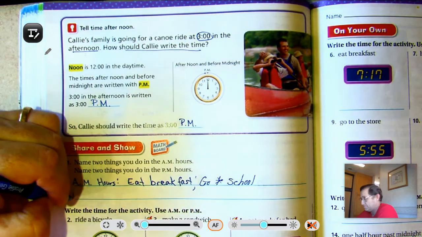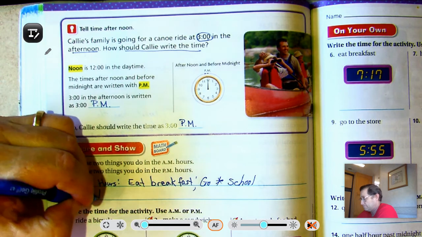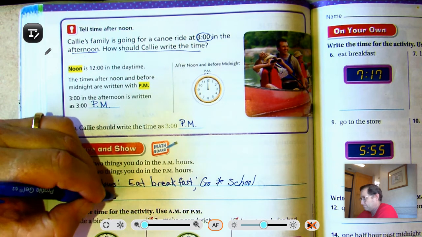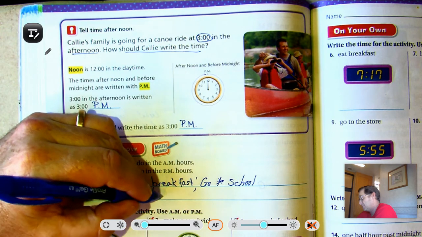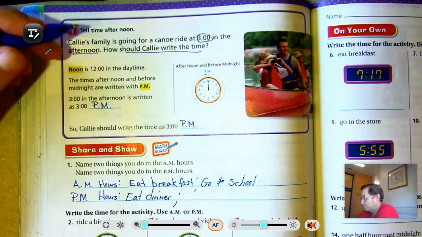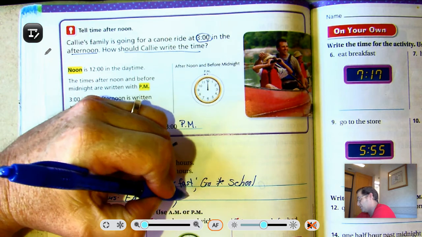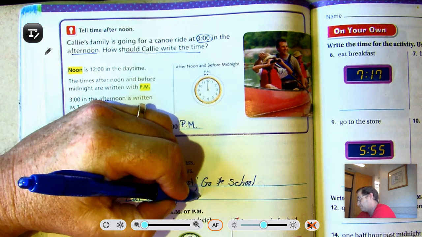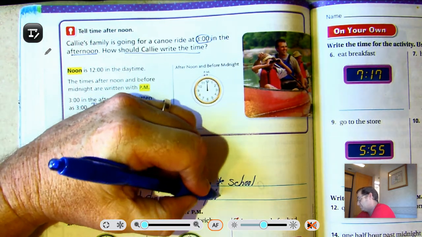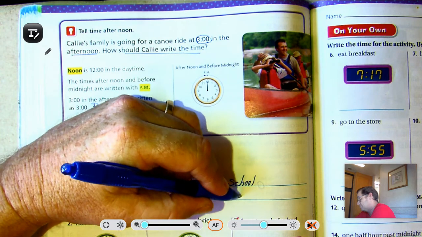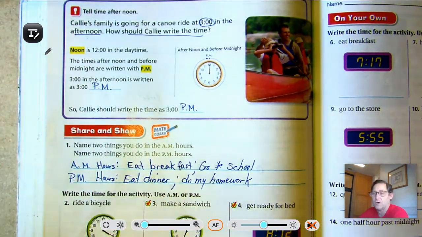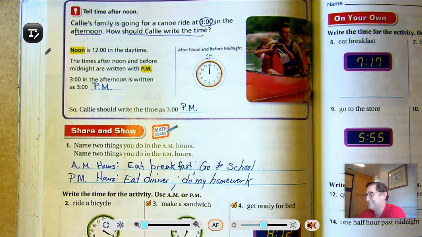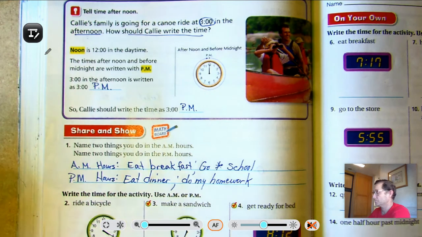PM hours. Eat dinner. I might do my homework if I'm a student. So just anything that you would do after 12 noon. What are some things you would do from 12 noon to say 9 o'clock at night?